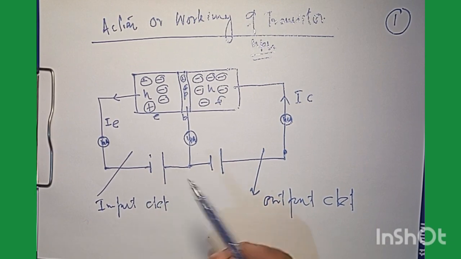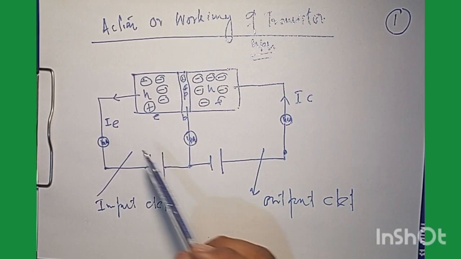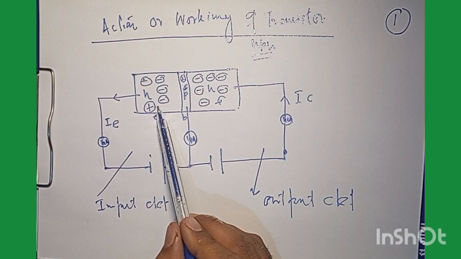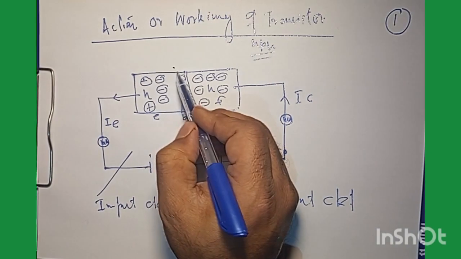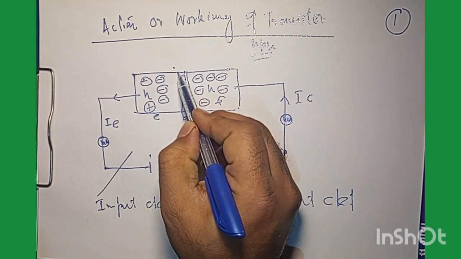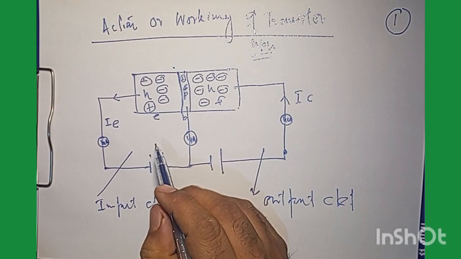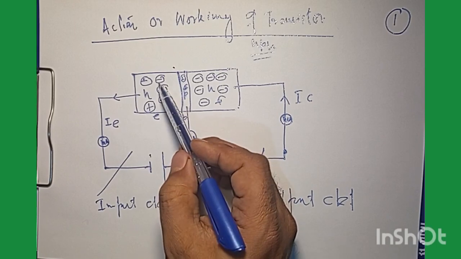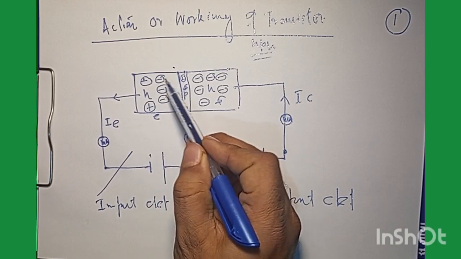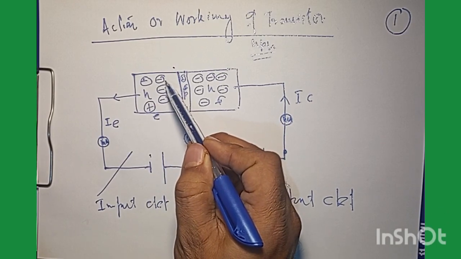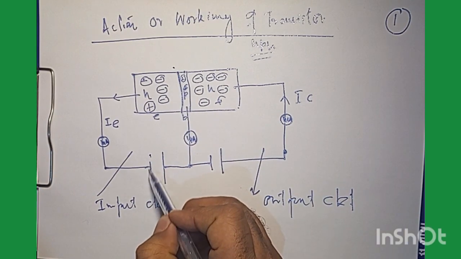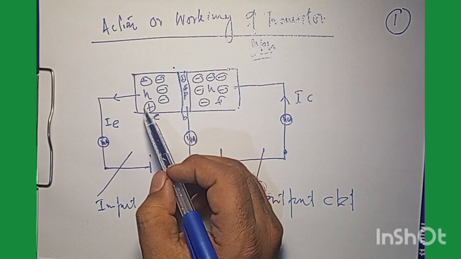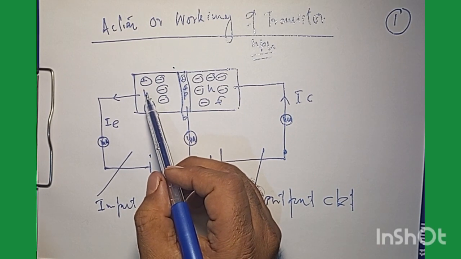What I said earlier is that this junction, which we call the emitter-base junction, has to be forward biased, and the electrons, the majority carriers in the emitter, are repelled by the negative terminal of this battery towards the base.